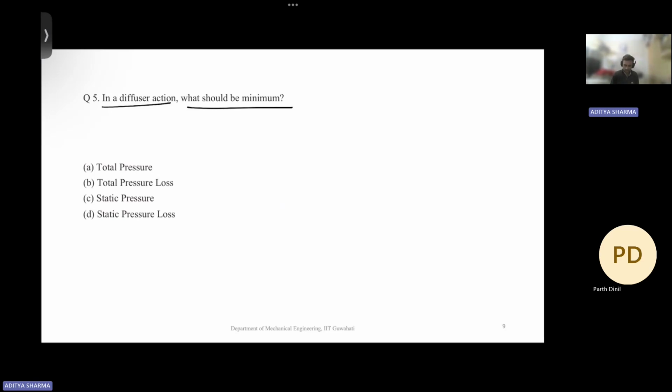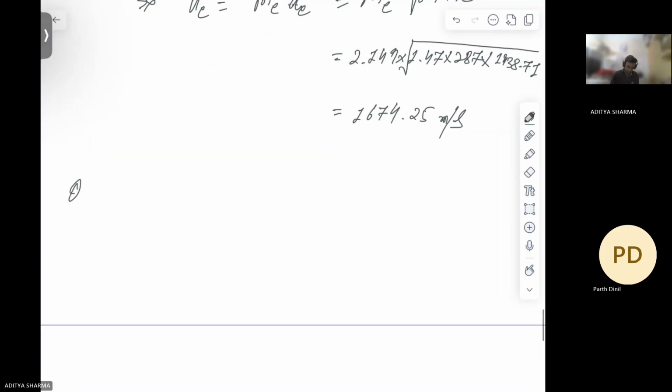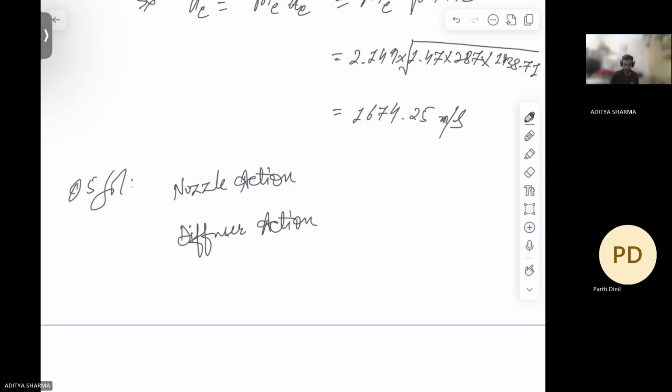So there is nozzle action, and there is diffuser action. These two things are there.